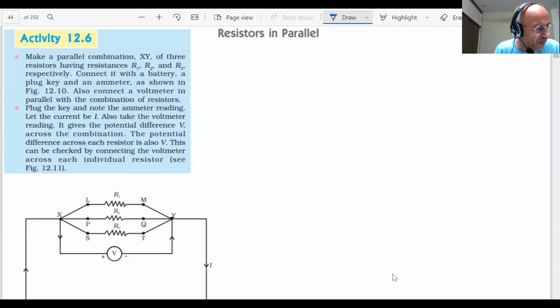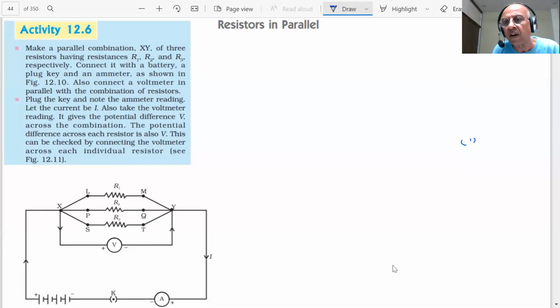When we connect the resistances in series, what was the formula? If there are three resistors R1, R2, R3 and I connect them in series, what did we obtain? The effective resistance, the total resistance, is R1 plus R2 plus R3. Am I right? Yes, sir.